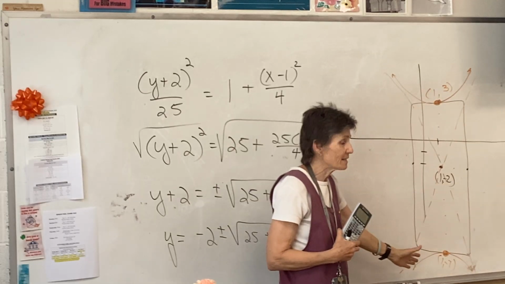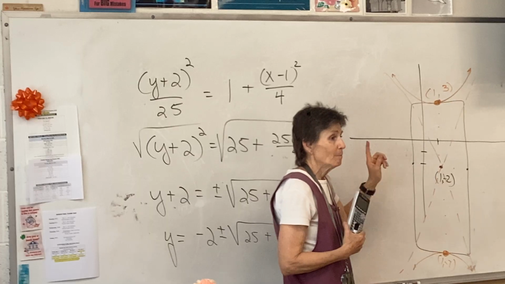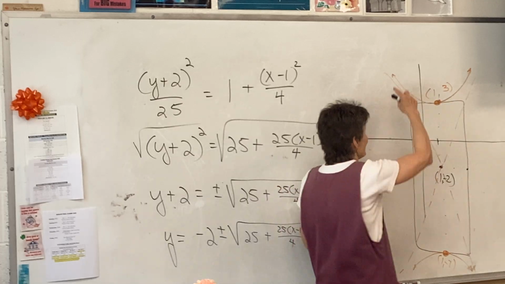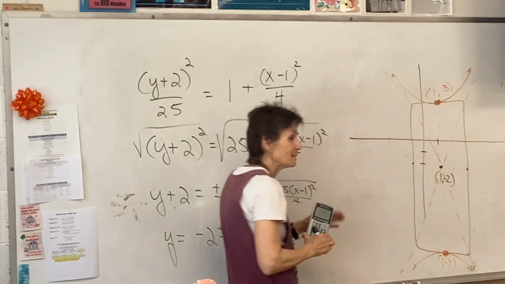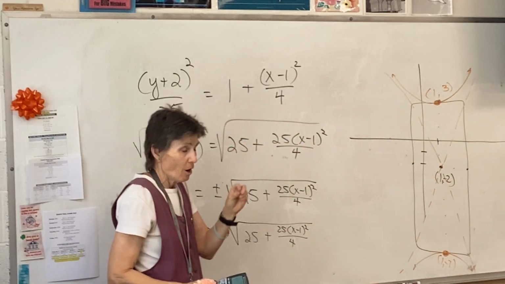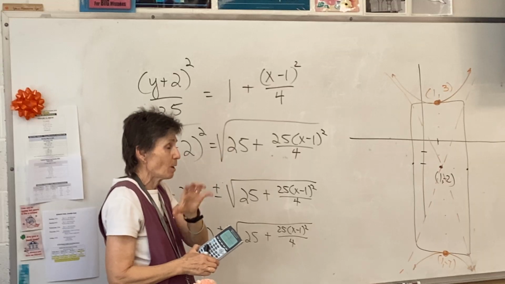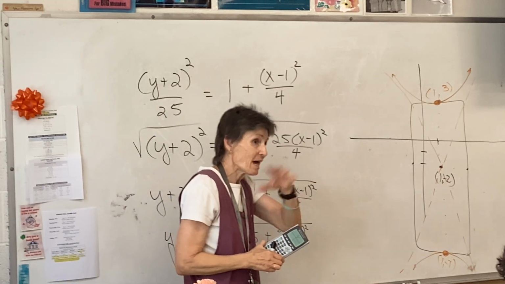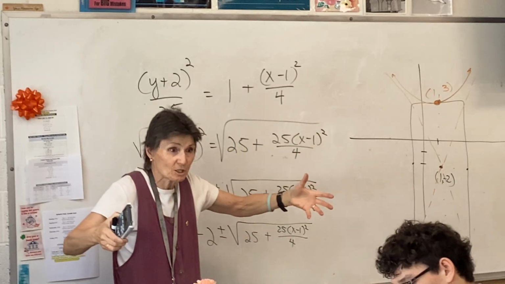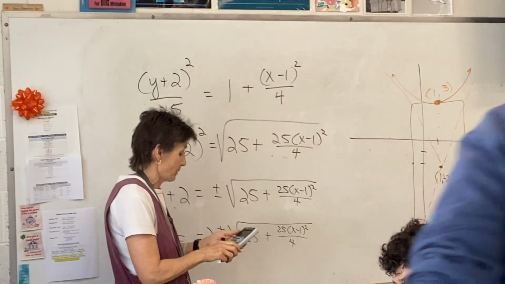A hyperbola is not a function. But if we do it a piece at a time, is this a function? Yes. So the implicit functions, again, are the pieces of the problem that are functions. Then when you put them together, you can get what you want, which is not a function.